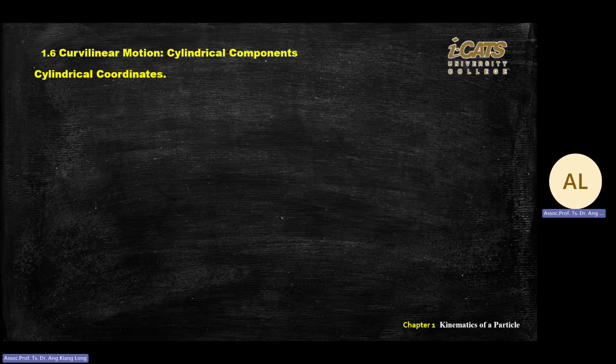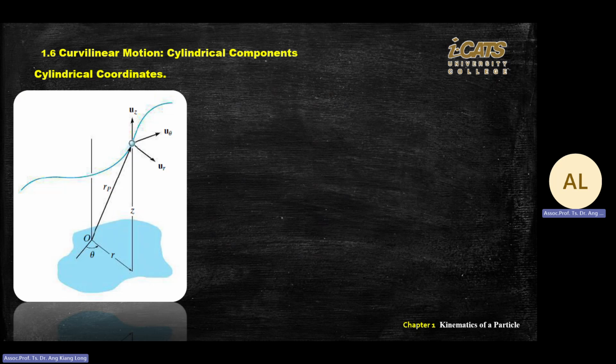Then when it comes to 3D, you'll see this in your simulation later in your senior year. If there is a 3-dimensional direction, then you have R defined by this equation. For velocity, you have the R direction, theta direction, and Z direction.